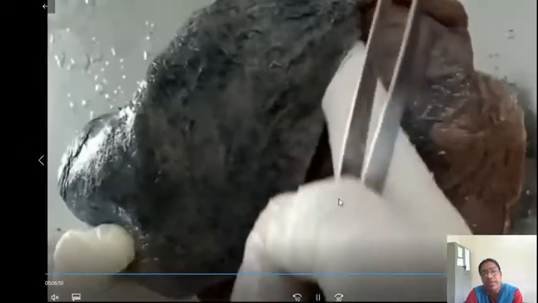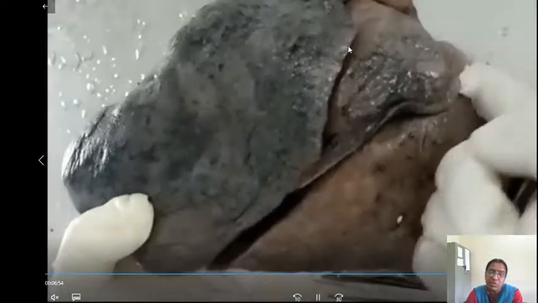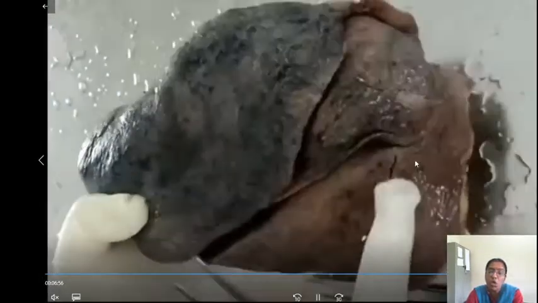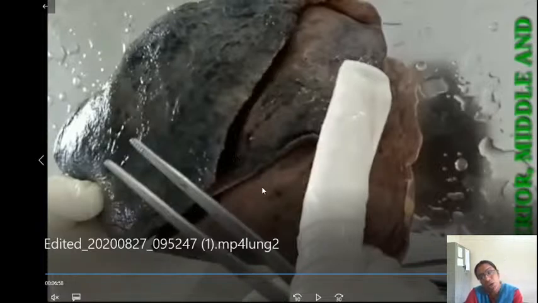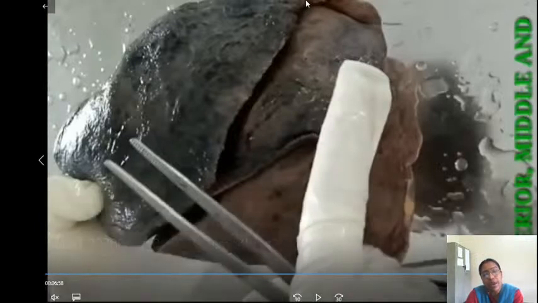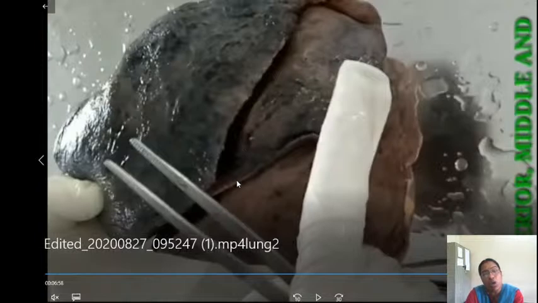But when you see the right lung, there are two fissures: one is a transverse fissure and one is an oblique fissure. The transverse fissure extends from the anterior border to the top of the oblique fissure, meaning it intersects at the top of the oblique fissure.